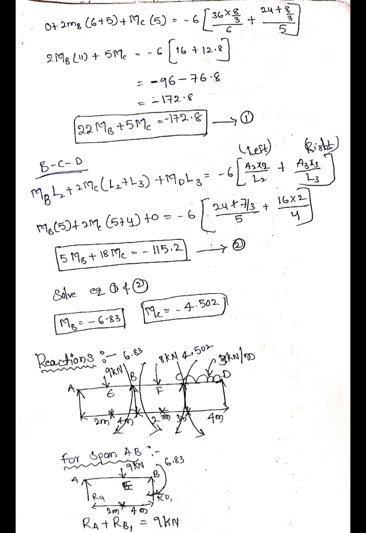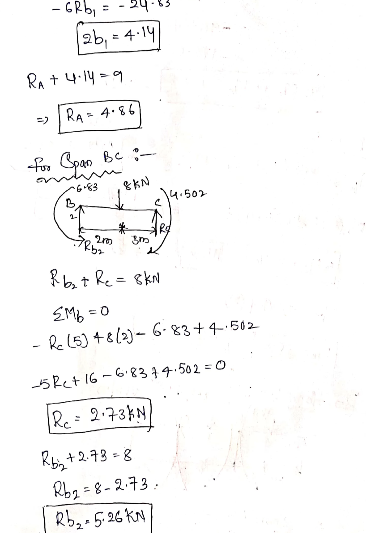Next, the moment MB, here I am showing it as clockwise. The MB value is 6.83. Applying sigma Fy equal to 0 and sigma moment about B1 equal to 0, we can find RA and RB1. So we get RB1 as 4.14, RA as 4.86.